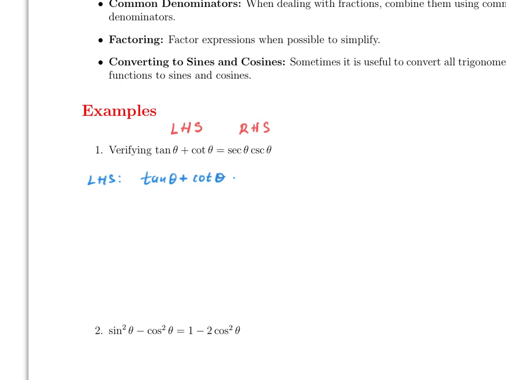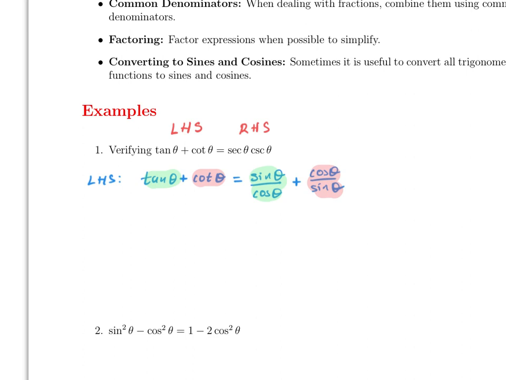Okay, so notice that tangent, if we use the quotient identities, is equal to sine theta over cosine theta, and cotangent is equal to cosine theta over sine theta. Remember that tangent is the same thing as this, and cotangent is this.